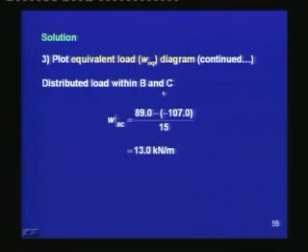The distributed load in the span BC is again calculated from the relationship W equivalent is equal to dV divided by dx, and from the change in the shear diagram we are calculating W equivalent is equal to 13.0 kilonewton per meter.